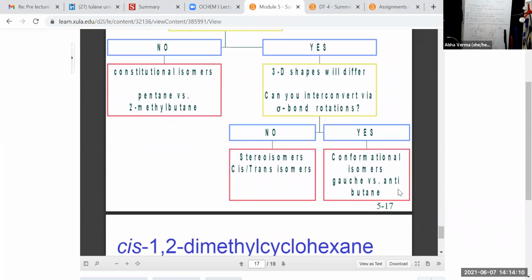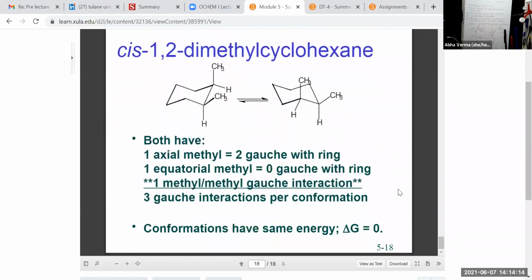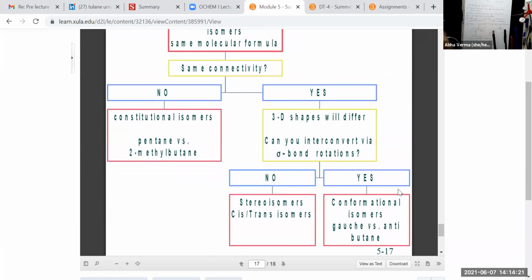So this is just a small chart that all of you can look at when you have to think about these stereoisomers. We have looked at the constitutional isomers, we have looked at the geometrical isomers, and we have also looked at the conformational isomers.